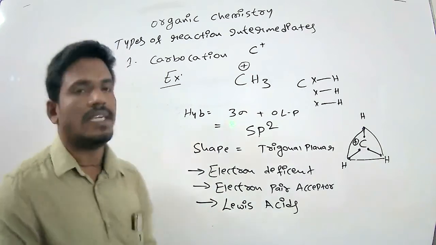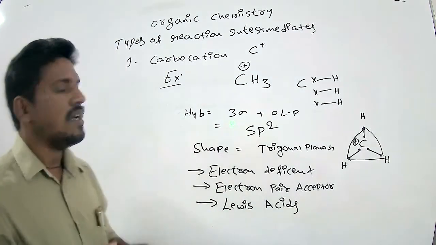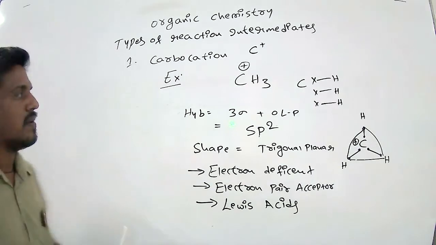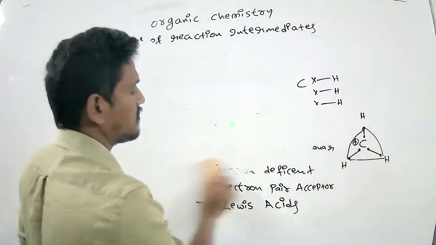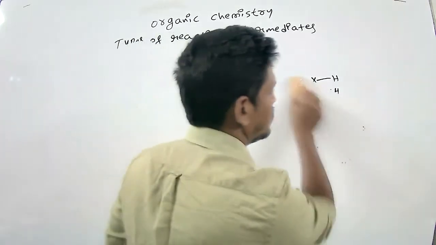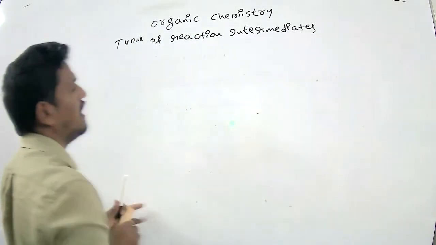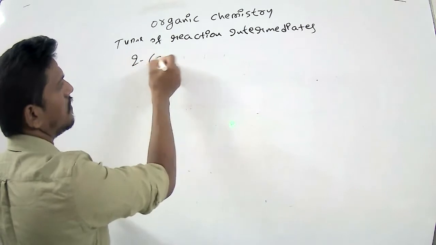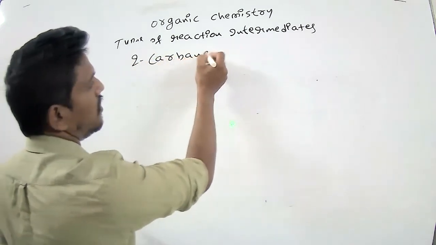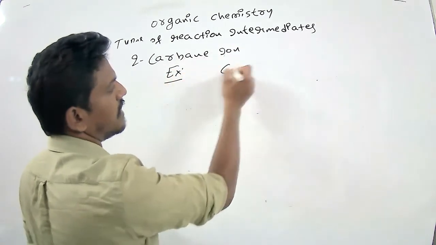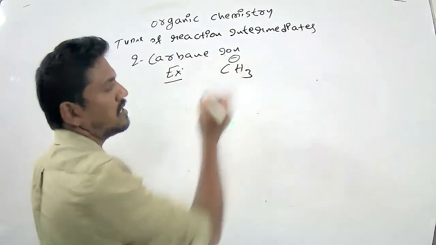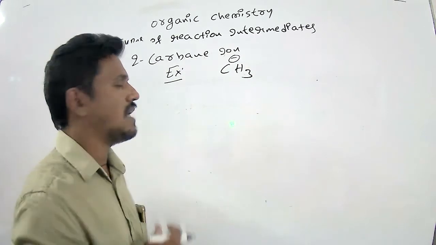Now the second reaction intermediate we are going to discuss is the carbanion, the second type, where carbon has a lone pair. The simple example for a carbanion is CH3 minus. This is a one-carbon ion where carbon has a lone pair.